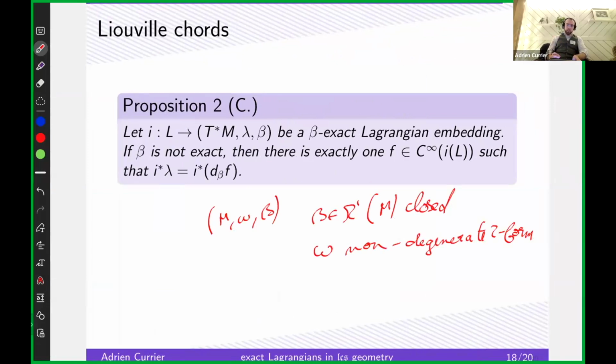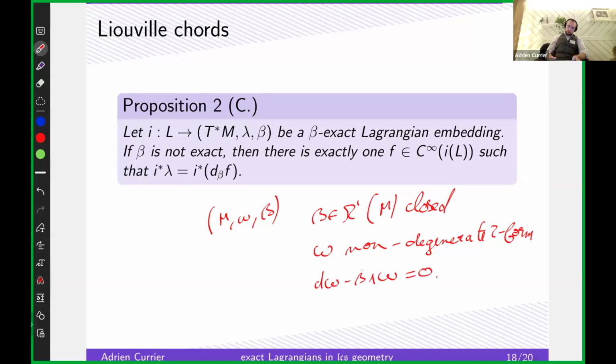And this is going to be an LCS manifold when d omega minus beta wedge omega, or omega wedge beta wedge omega, or whatever, I mean the sign maybe, is equal to 0.